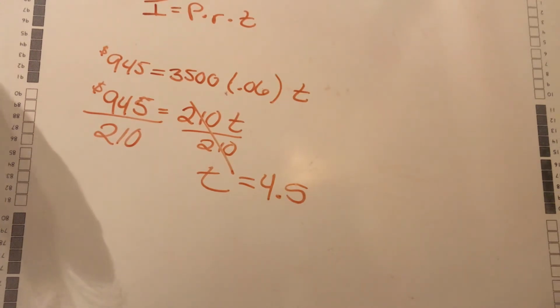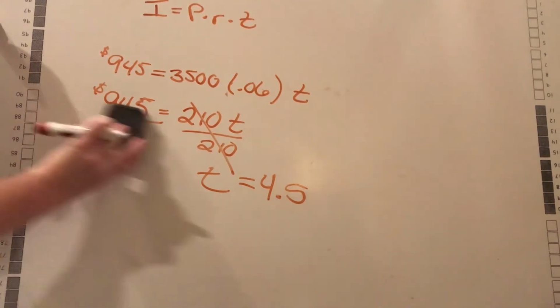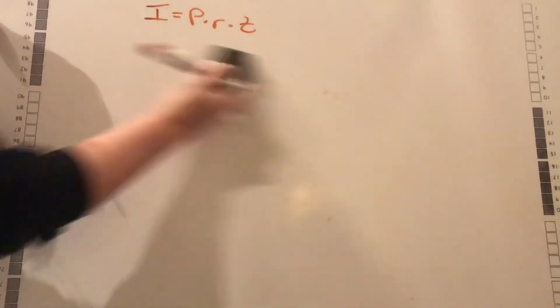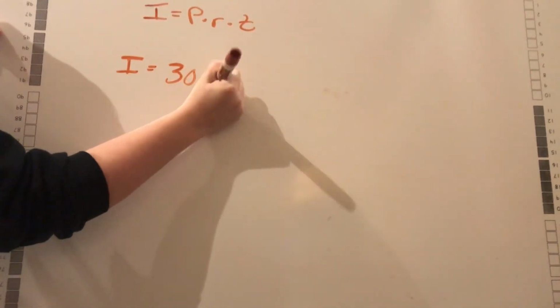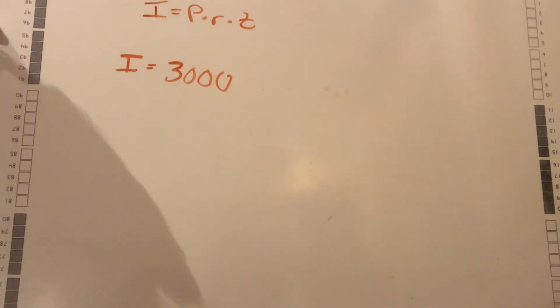Okay, let's look at another one. Example 3, this is a savings account example. Nadia's aunt deposited $3,000 into a savings account as a college fund for Nadia.